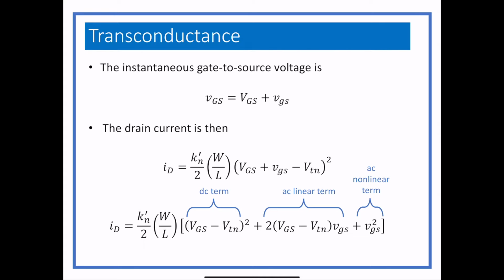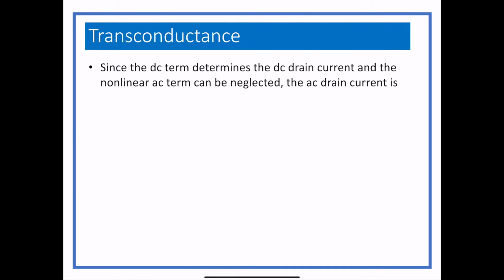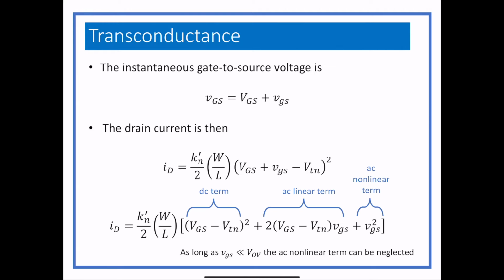So when we want to just find the AC drain current by itself, we just use the part of the circuit analysis that includes the AC term that's not the square. So we end up with this, which is not terrible. You notice that the Kn prime has no 2 under it, because in the previous slide there was a 2 in front of the VGS minus V threshold times vgs.